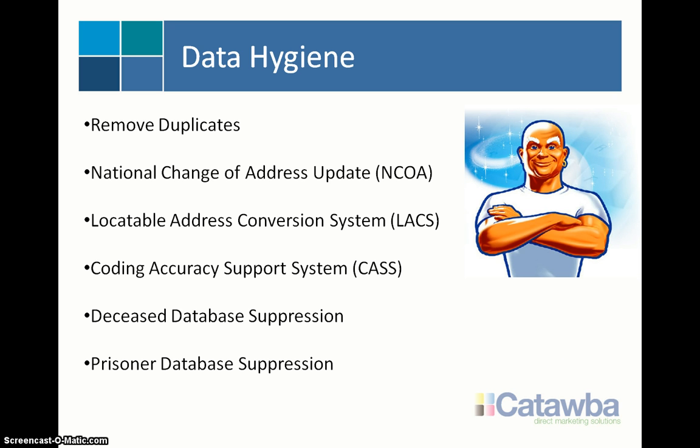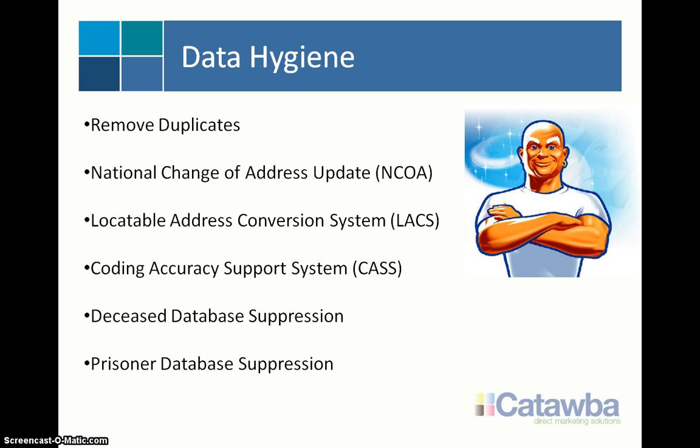So once we take that house file, we want to clean that so you're not mailing postcards or any type of direct mail piece to people who shouldn't be receiving it, wasting money in postage and production. So basically there's a few items here that we can do to any mailing list before we mail. We can remove duplicates. So you don't want to mail the same mail piece a few times to the same person.